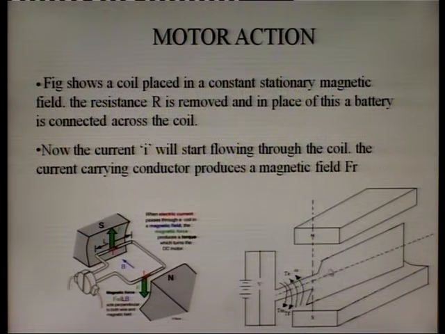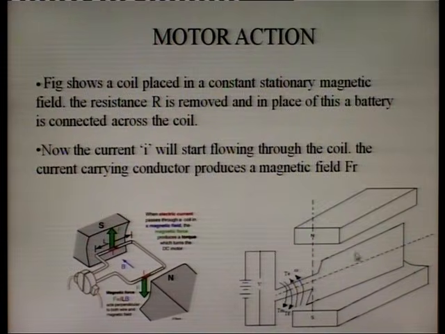Now the second action is when this rotating coil rotates in a magnetic field, it will cut the magnetic lines of force. Again an EMF will be induced in this circuit, and current starts flowing.